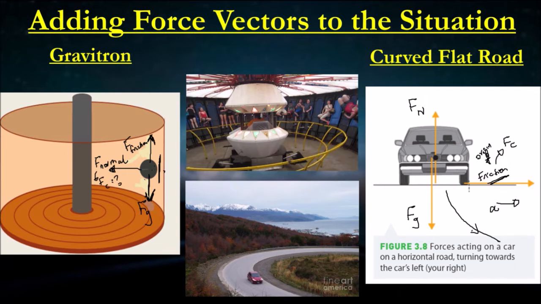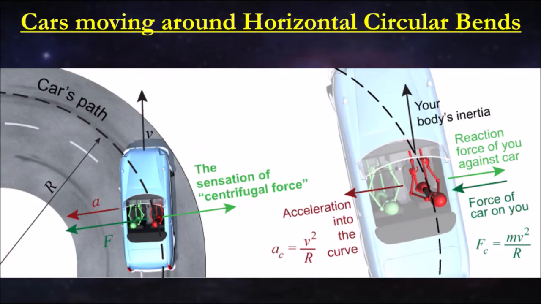Okay, so that gives us a nice sort of force vector analysis of the different objects undergoing uniform circular motion. So let's now look at some other analyses as well. Okay, let's focus on the car moving around a horizontal curve, or doing a horizontal circular bend.